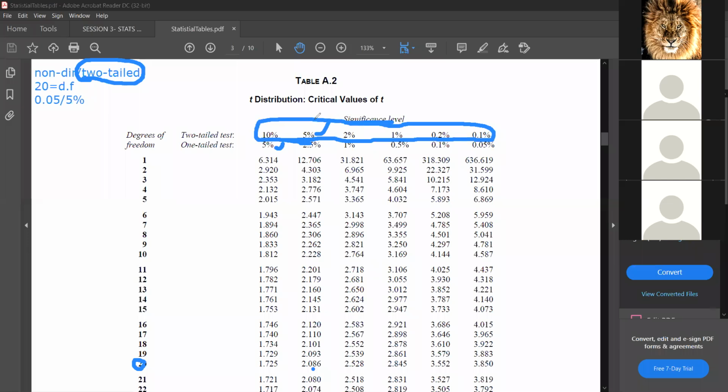And right now we know that the main level of significance you are supposed to select is the 5% level of significance. And of the values on top, the only 5% level of significance is the second column. So that's where you pick your information from, at the second column.